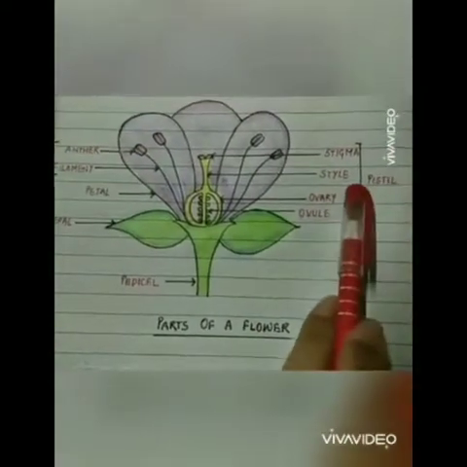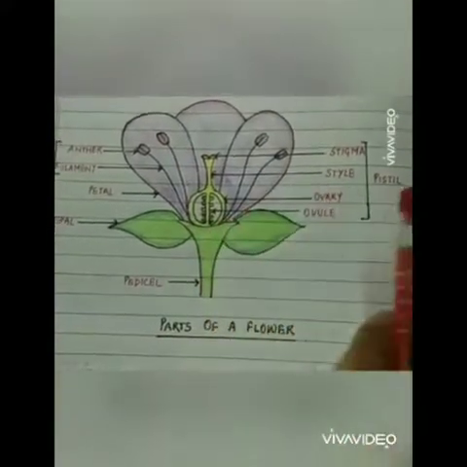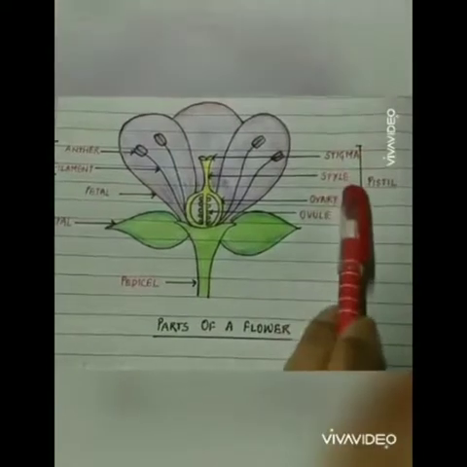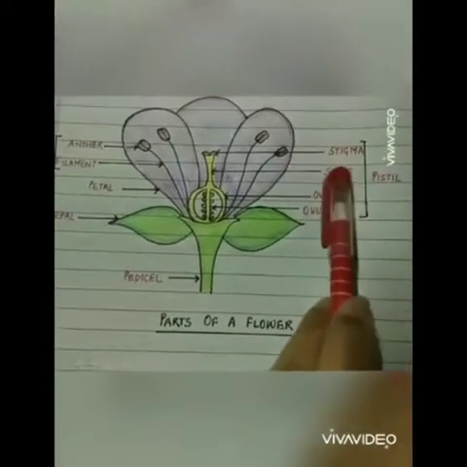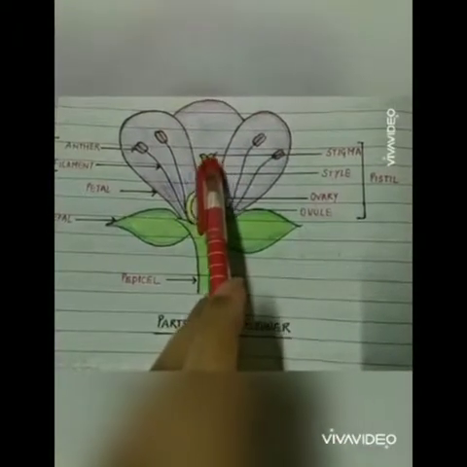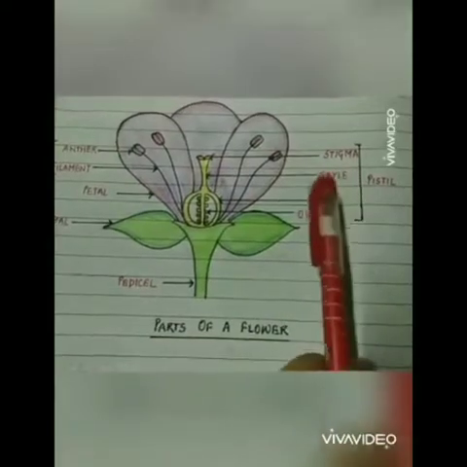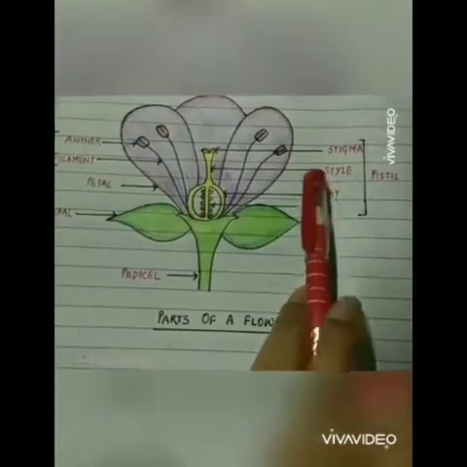Now, pistil. Pistil is the female part of the flower that consists of stigma, style, and ovary with ovules. Stigma is the upper part of the pistil, that is a sticky structure. Now, the long neck type of structure is called style.